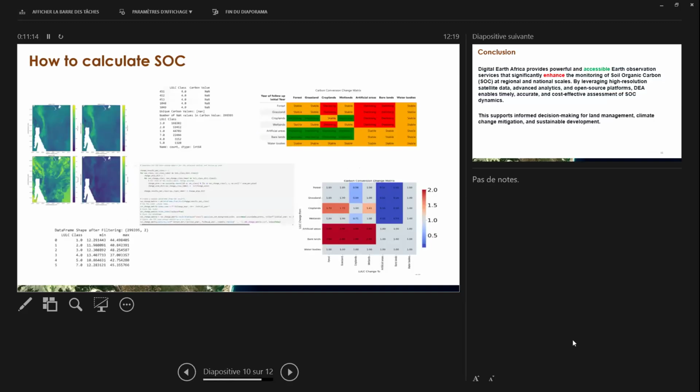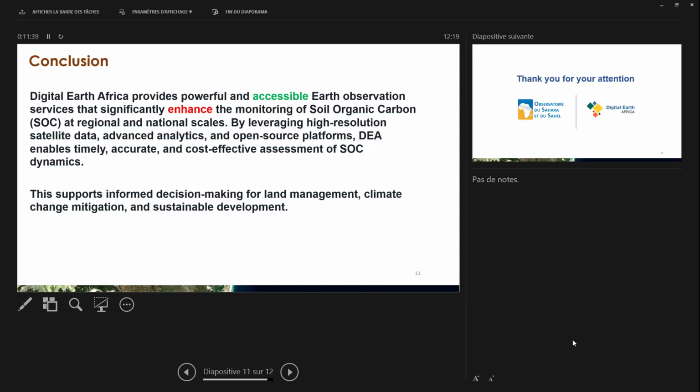So these are some of the results that we have obtained from the different computations that we did. We have obtained some maps, and also matrices, and also some statistics relevant to the different parts of this notebook.